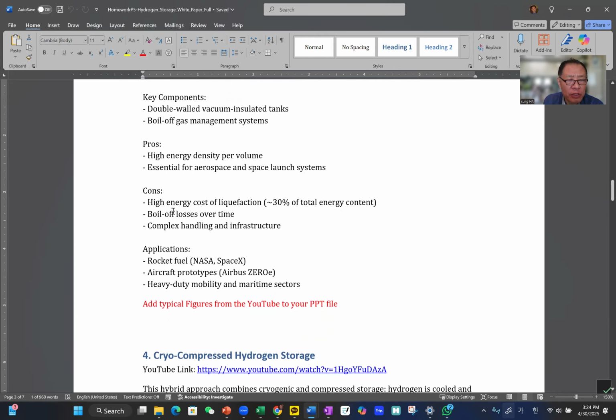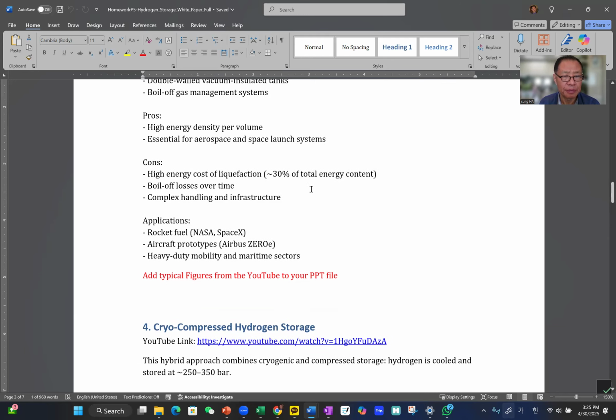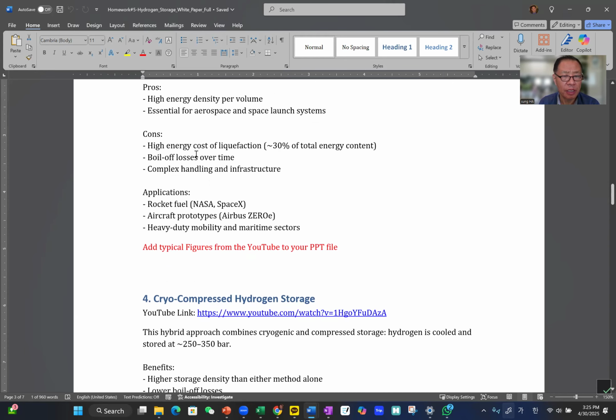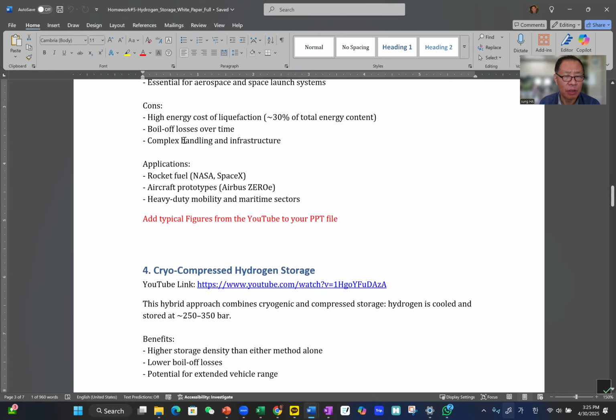So pros and cons: as you can see, high energy density, 62 grams per liter, and essential for aerospace and space launch systems, where the volume can be very limited. And cons: high cost, boil-off losses over time, and complex handling and infrastructure.